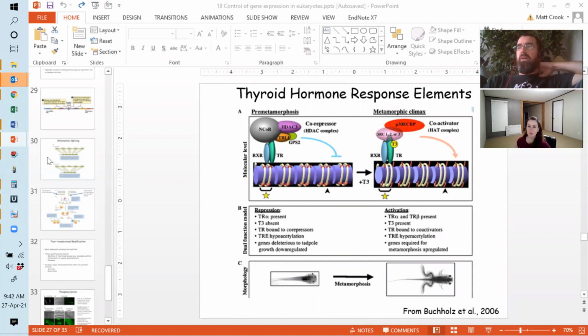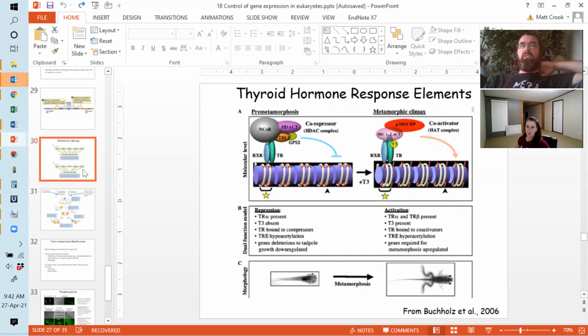It's another step that you have to go through to generate a functional mRNA. Why bother, right? The answer is not completely clear on that, to be honest. That's a bit of a rhetorical question. But one of the things it does is allow you to generate different proteins from the same piece of DNA and technically even from the same bit of mRNA, right?